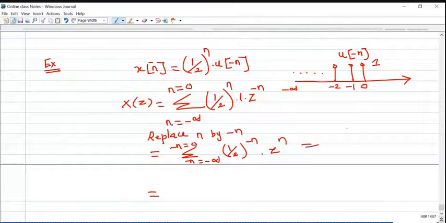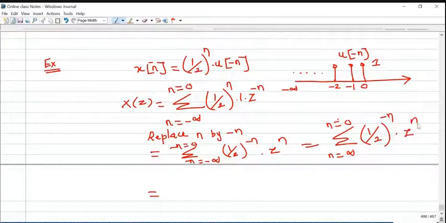So this is similar to n equal to infinite to n equal to 0, (1/2) power minus n z power n. So the summation infinite to 0 is same as summation 0 to infinite.